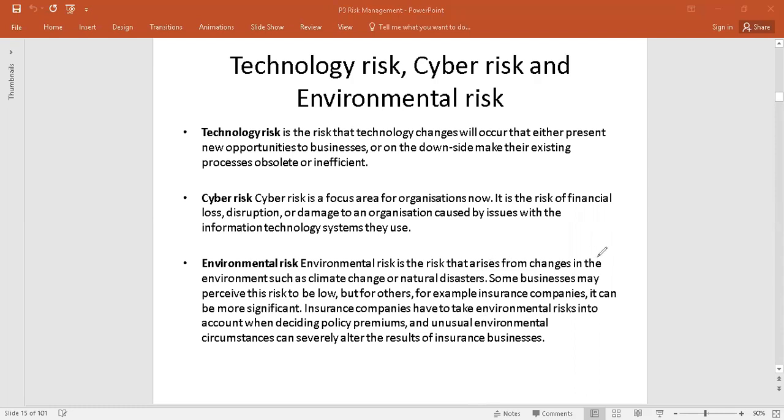Then some businesses may perceive this risk to be low, but for others, for example an insurance company, the chance of a climate change or a natural disaster happening, the probability of such events, is very low.